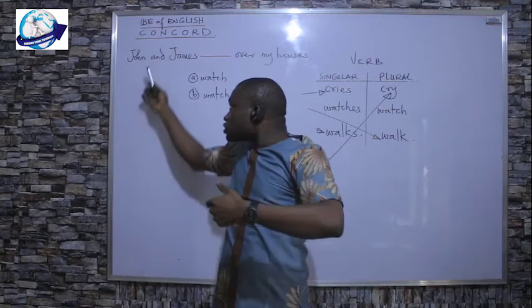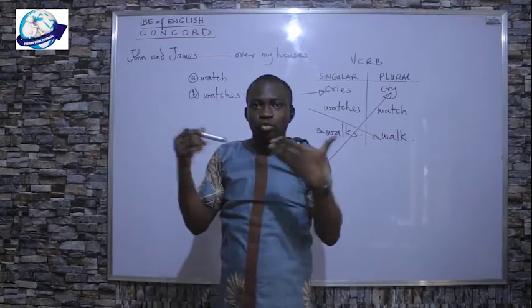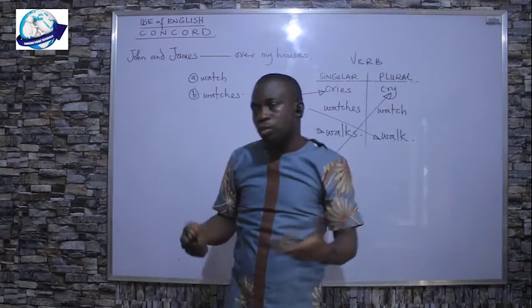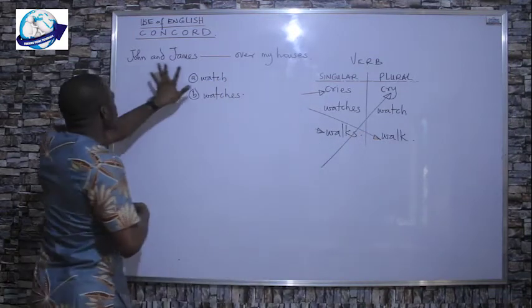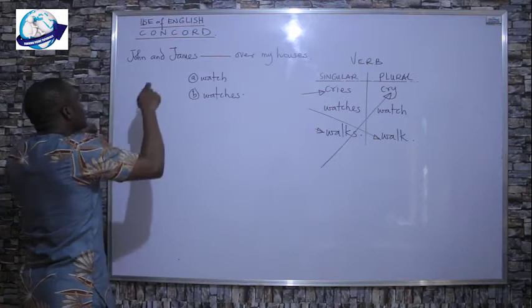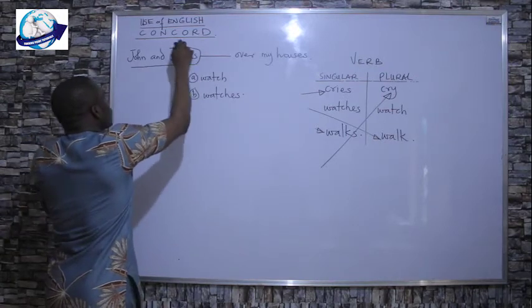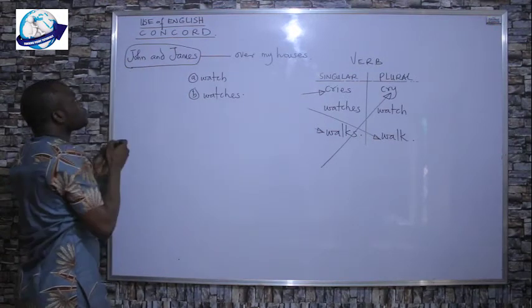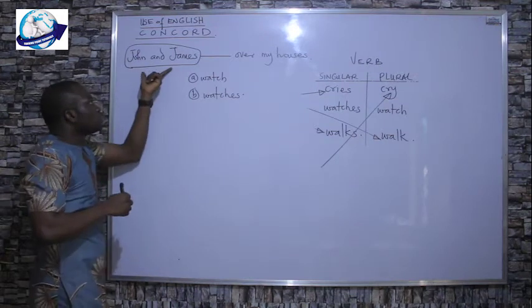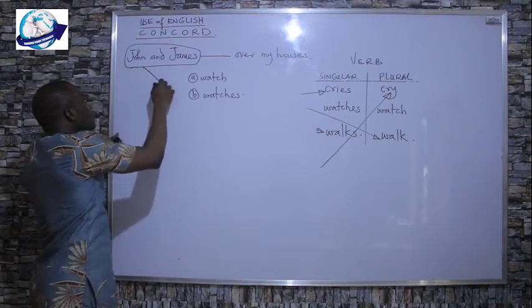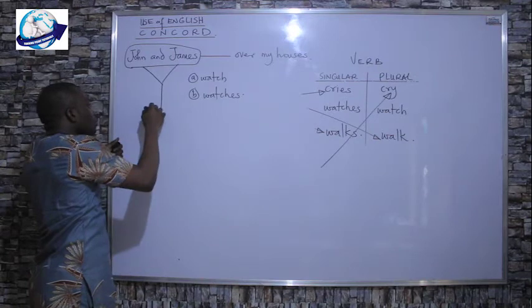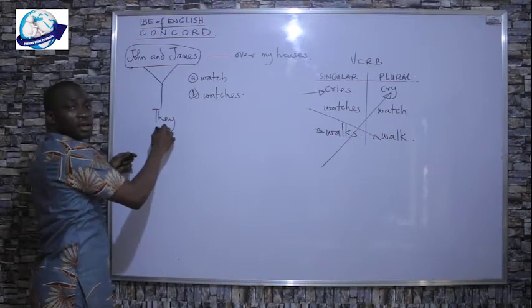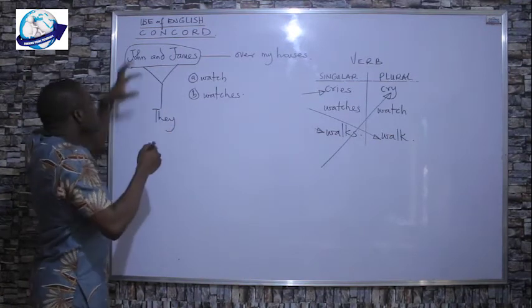The conjunction and has come to link these two subjects to make them plural. So John and James, these two linked together, make it plural. Can you say John and James can be brought together and we call them they? So that's already plural.